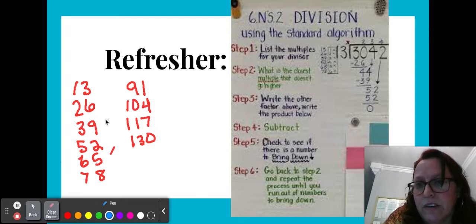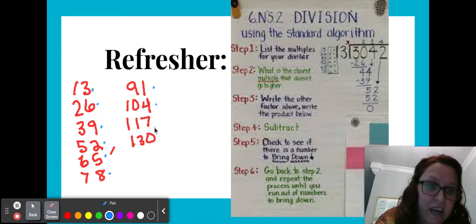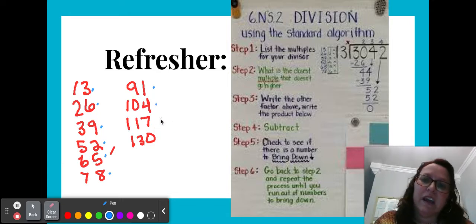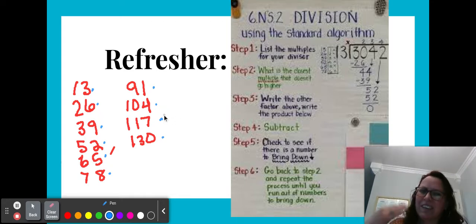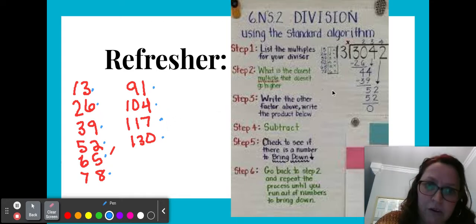Because 13 is 13 times 1. 26 is 13 times 2. 39 is 13 times 3. 52 is 13 times 4. 65 is 13 times 5. 78 is 13 times 6. 91 is 13 times 7. 104 is 13 times 8. 117 is 13 times 9. And 130 is 13 times 10. So it just makes it easier when I'm comparing and looking at numbers.